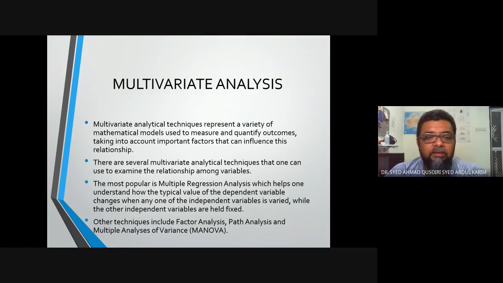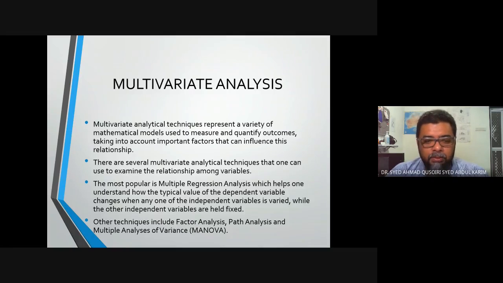Normally, these multivariate analysis techniques represent a variety of mathematical models used to measure and quantify outcomes, taking into account important factors that can influence the relationship. So usually we come up with a model because we are trying to identify relationships of many independent and dependent variables.